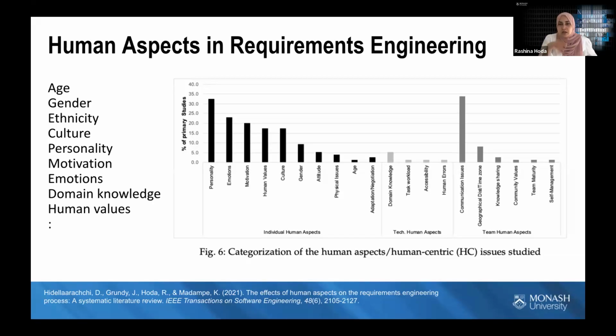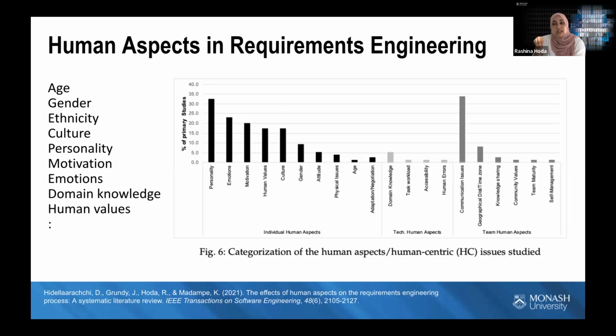So for example, your age and gender and ethnicity, you don't have a lot of control over these things, it is what it is. But technical human aspects are something you can learn and acquire, and you can also sometimes lose, things like domain knowledge, right?